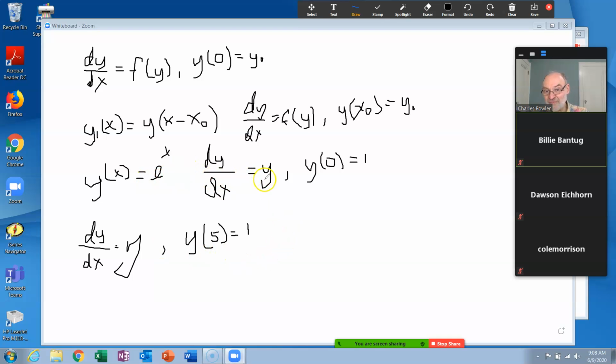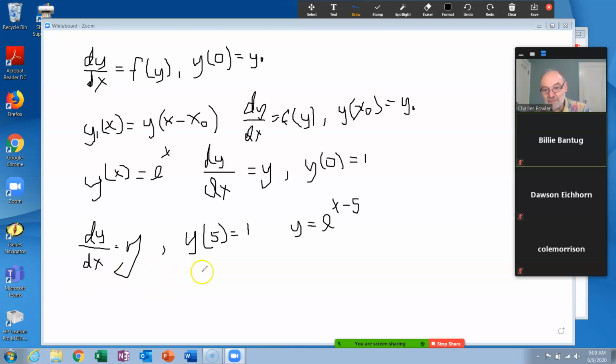If this was a solution for that one, then y is equal to e to the x minus 5. That would be your solution to this one. Which we show it is, pretty easy to verify.